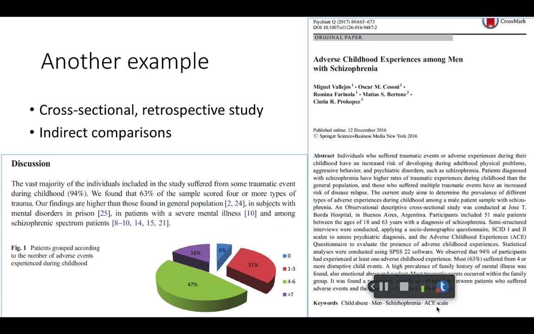And they observed that 94% of the participants had experienced at least one adverse childhood experience.